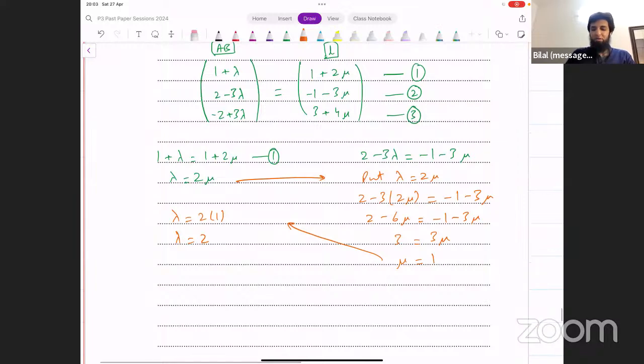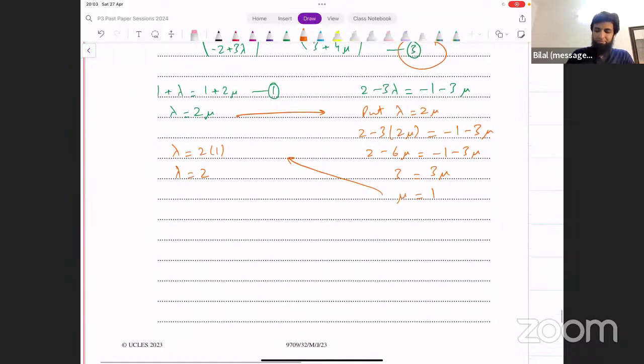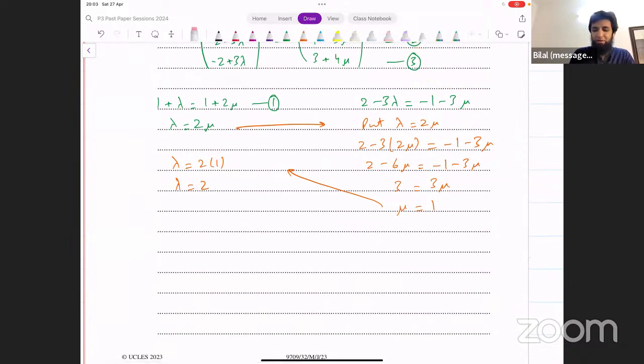Now put these values in the third equation. If the third equation satisfies, that would mean that the lines intersect. If the third equation does not satisfy, that would mean that the lines do not intersect. So let's try that. The third equation is minus 2 plus 3 lambda equals 3 plus 4 times mu.